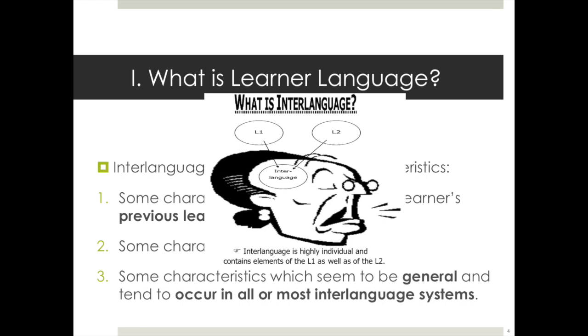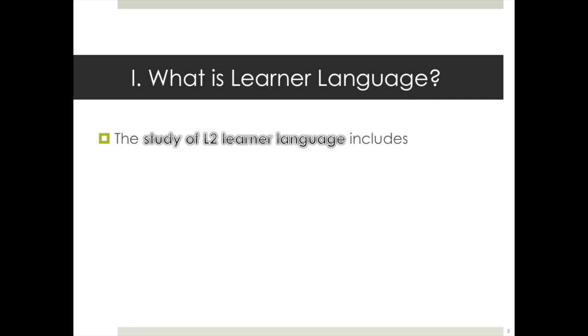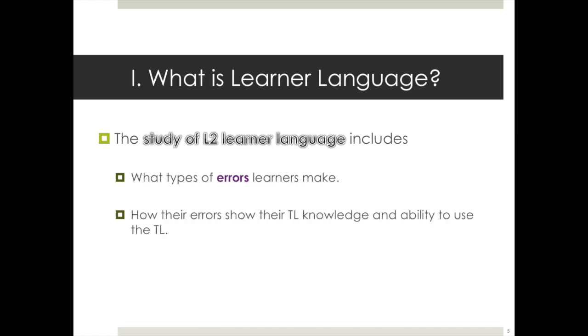We continue. Why is it worth doing? Because when we study L2 learner language, we are in fact looking at different things. We are looking at the types of errors that learners make, and we have explored that when we talked about error analysis, right? We also understand how these errors are a diagnostic of the target language that learners are developing.